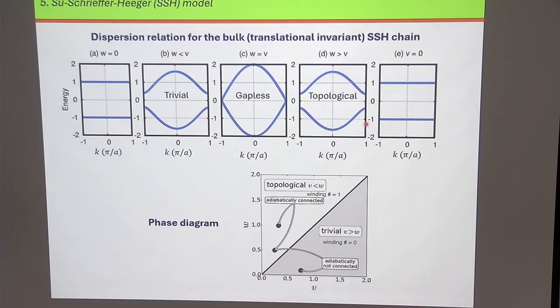And since they have different winding numbers, if you put edges, you will see the difference. This is for the bulk, an infinite system. If you look at the bulk, the only thing I can tell you is they have different topological numbers. You won't see this difference in the spectrum. You will see the difference in the spectrum when you put the edges, okay?